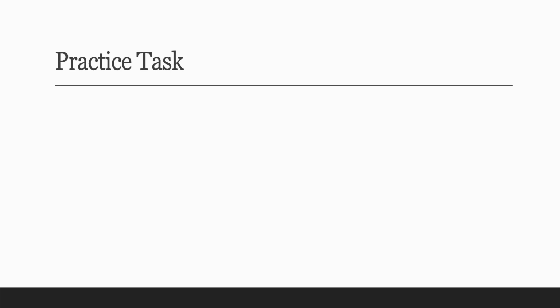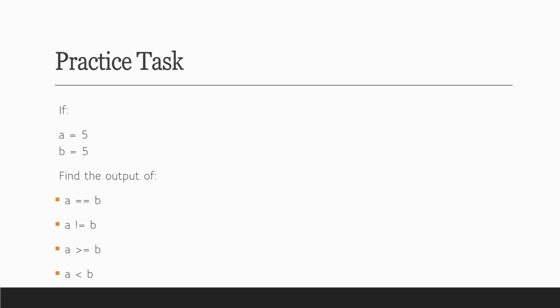Now it is your turn to think and respond. Read the question carefully and try to predict the output without running the program. Assume A equals 5. B equals 5. What will be the output of the following expressions? 1. A is equal to B. 2.